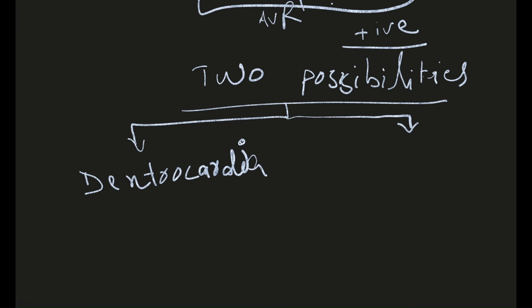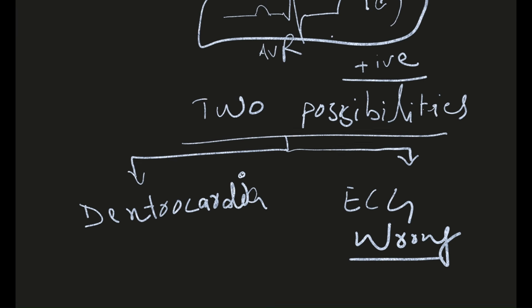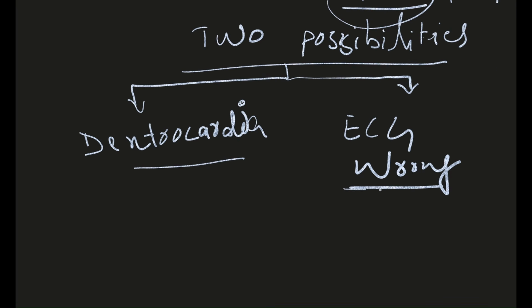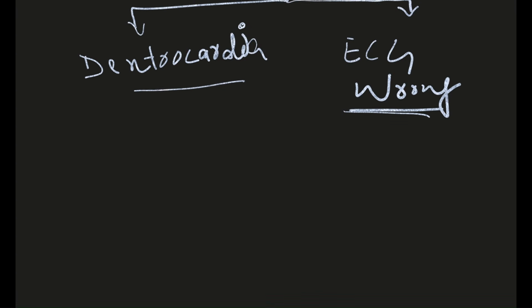The other, and that is most commonly seen, is that sometimes our paramedic staff have placed the ECG leads in a very wrong pattern. So there are only two possibilities for positive AVR. One is dextrocardia, the other is wrong placement of ECG leads.